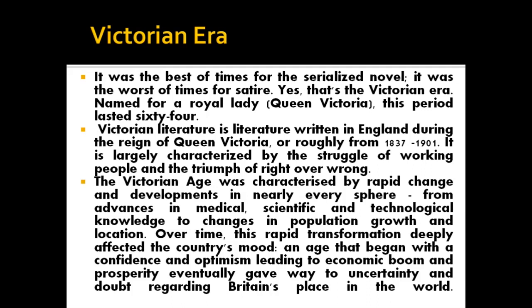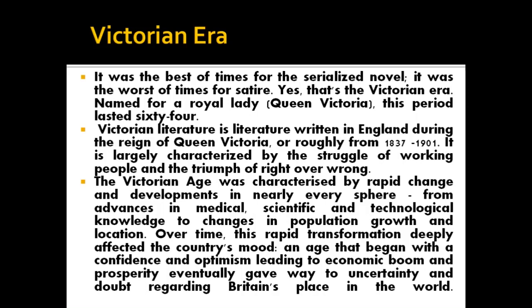Victorian literature is literature written in England during the reign of Queen Victoria, or roughly from 1837 to 1901. It is largely characterized by the struggle of working people and the triumph of right over wrong. The Victorian age was characterized by rapid change and developments in nearly every sphere, from advances in medical, scientific and technological knowledge to changes in population growth and location.